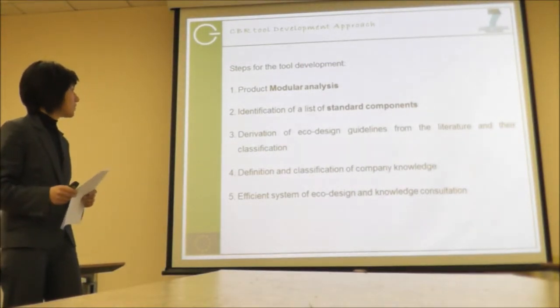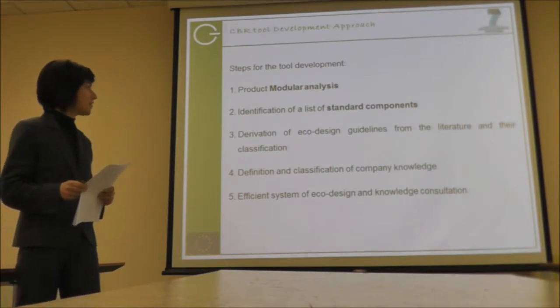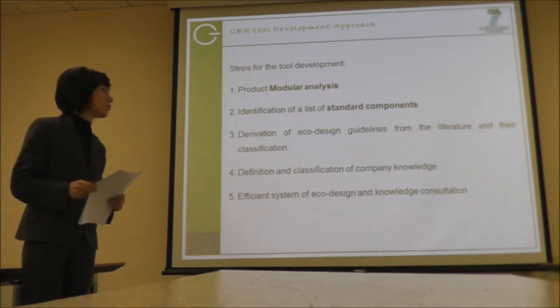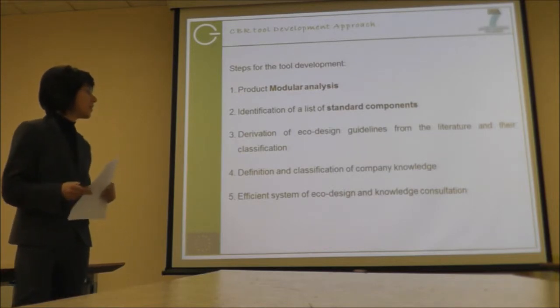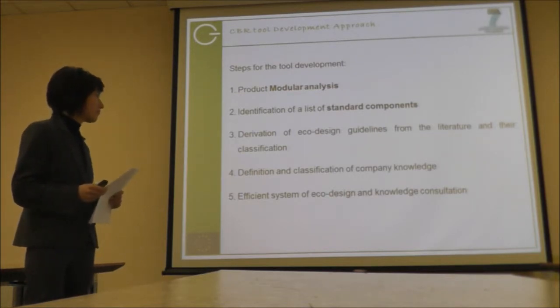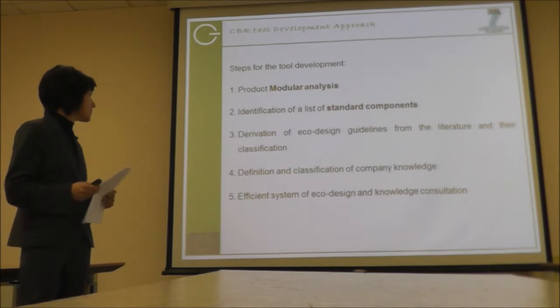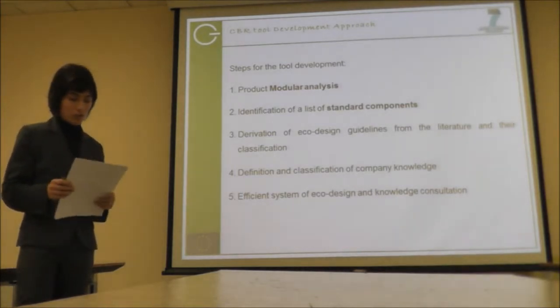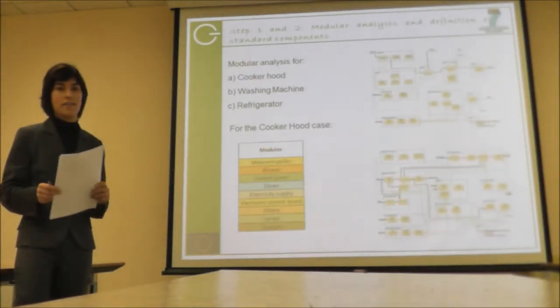Then we have derived eco-design guidelines from the literature, and we have classified them into some different typology of guidelines. Then we have defined and classified the company knowledge, and we have tried to define an efficient system for the consultation of this knowledge and guidelines.